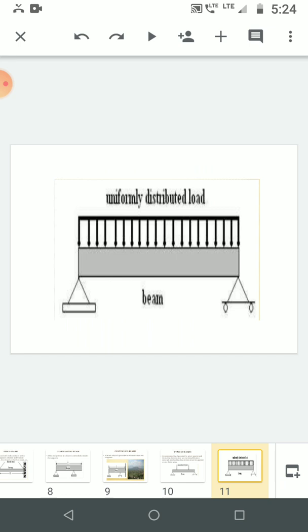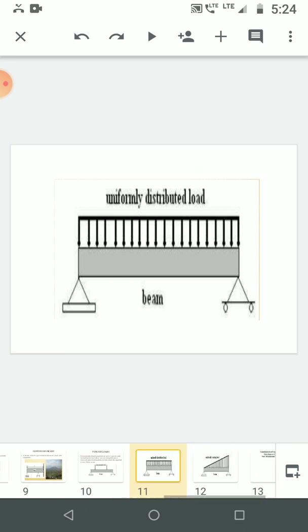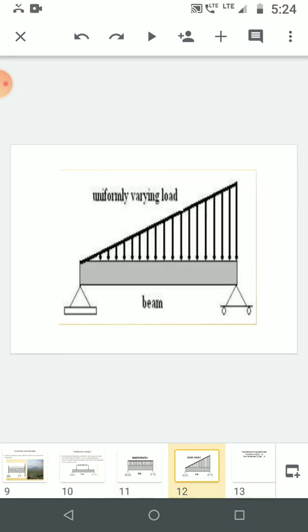This is a beam which is subjected to a uniformly distributed load. This load acts over its length. So the unit of uniformly distributed load is Newton per length. It is again a different type of load called uniformly varying load.